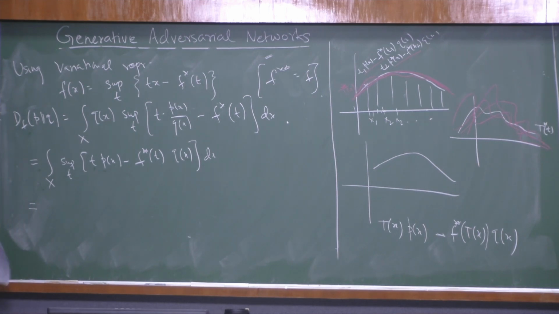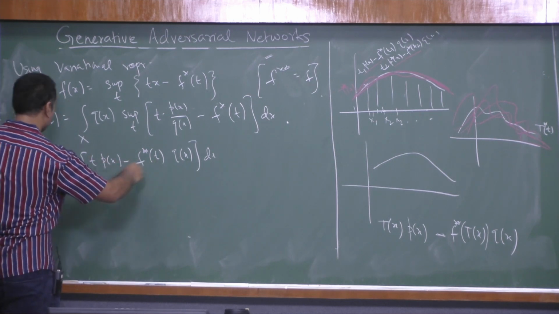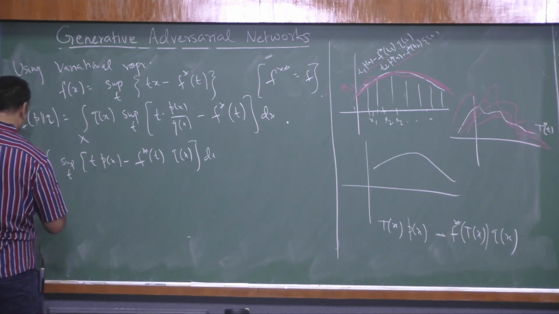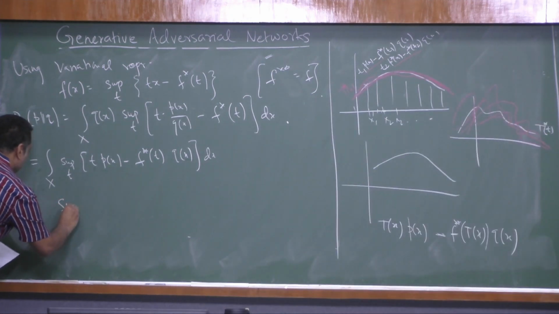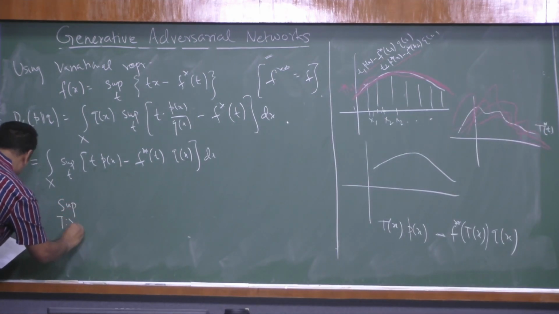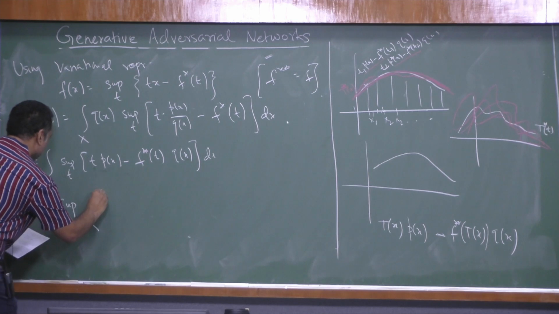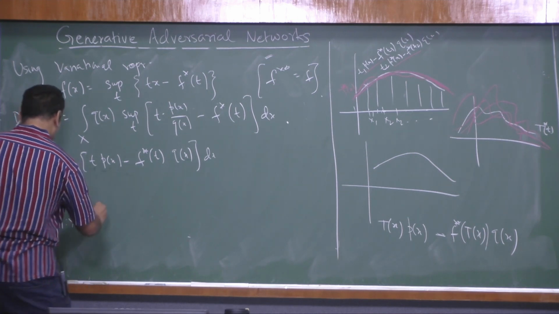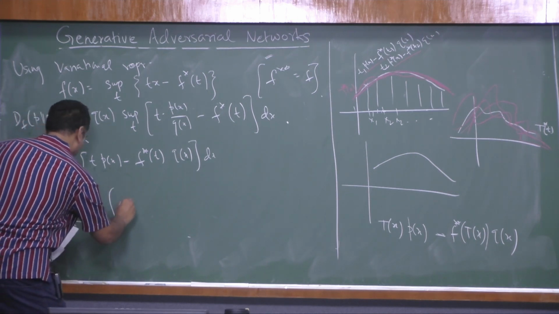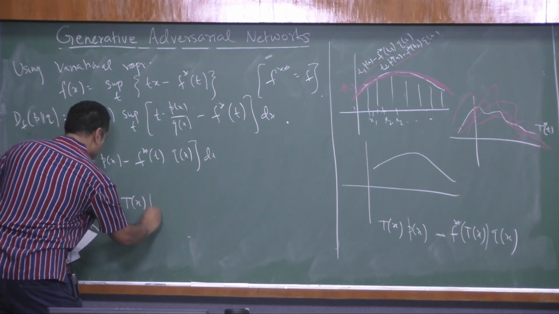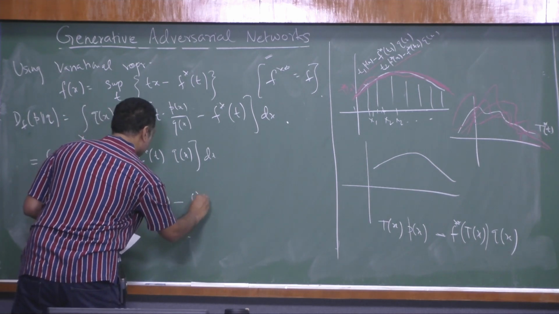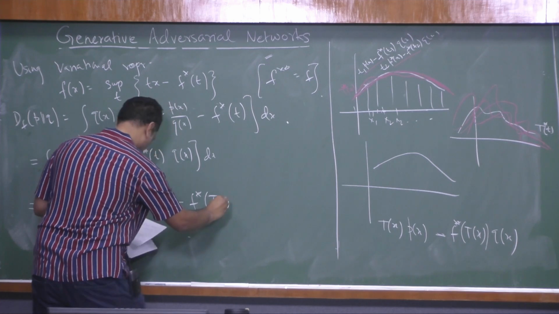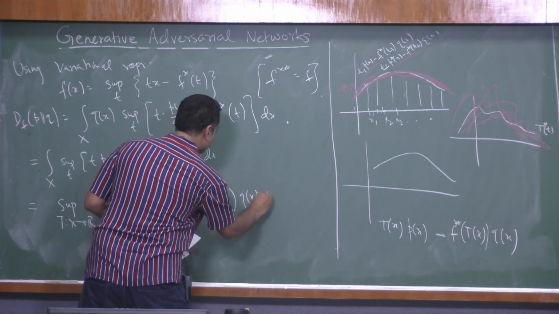But what I am going to do now is take the supremum out and replace these by operators. So this is what it takes to take the supremum out. This is the integral over x, and then I replace these pointwise values by tx minus f star tx, and then qx dx.